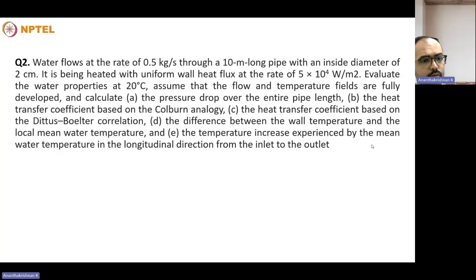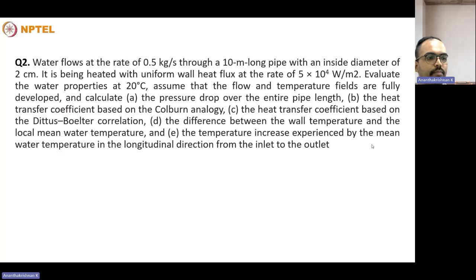So it's a straightforward problem. It's a uniform wall heat flux, actually simplifying quite a lot of assumptions that might appear if it was a constant wall temperature. And we need to calculate, if you know the friction factor, we can directly calculate the pressure drop. Then the heat transfer coefficient; these are smooth pipes, they don't have roughness, so that simplifies the problem to an extent. Then we need to calculate the heat transfer coefficient based on two analogies and one correlation.